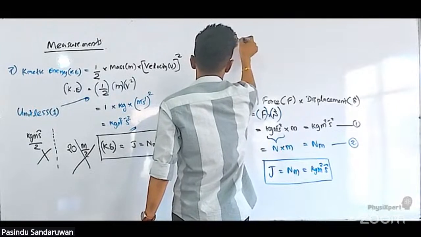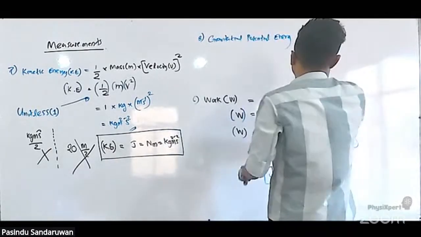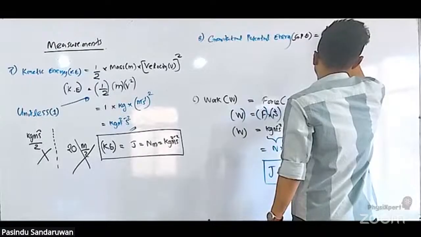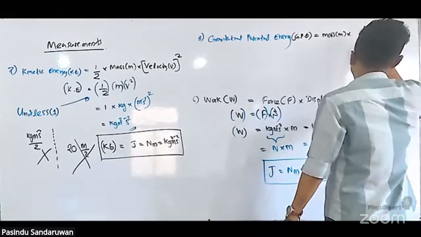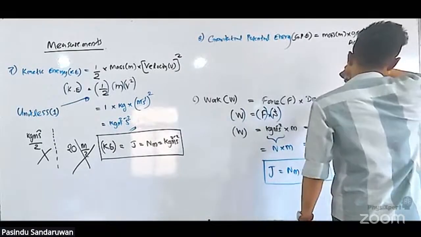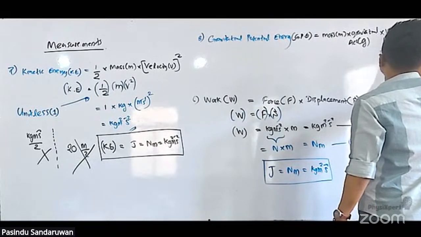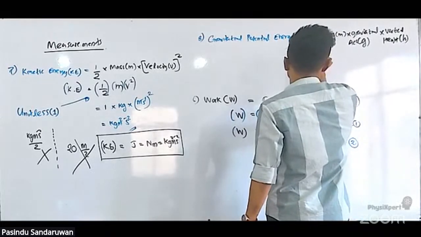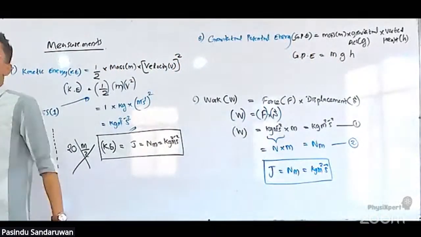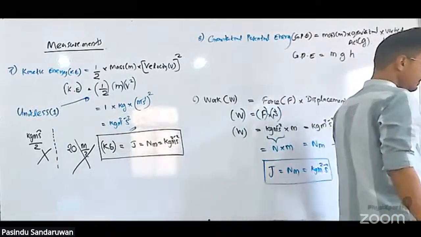Gravitational potential energy, GPE, equals mass times gravitational acceleration, simply g, into vertical height h. So as an equation, gravitational potential energy equals mgh. They are familiar equations to you.